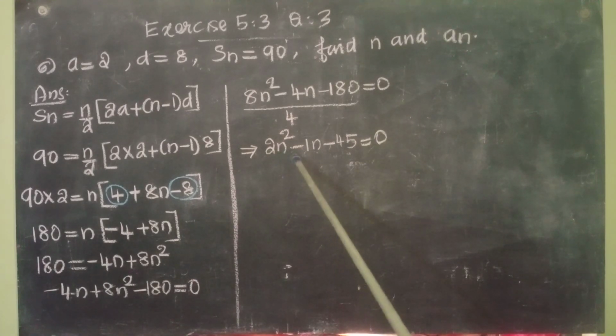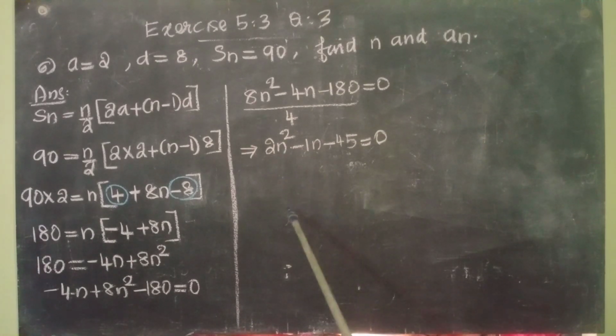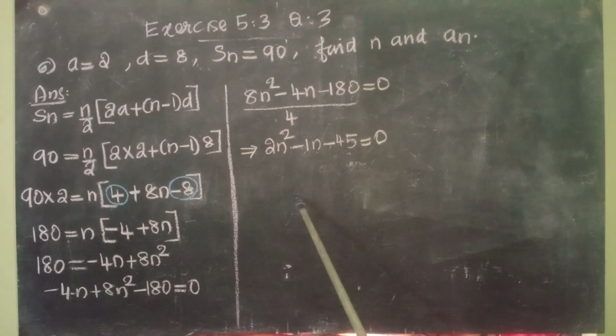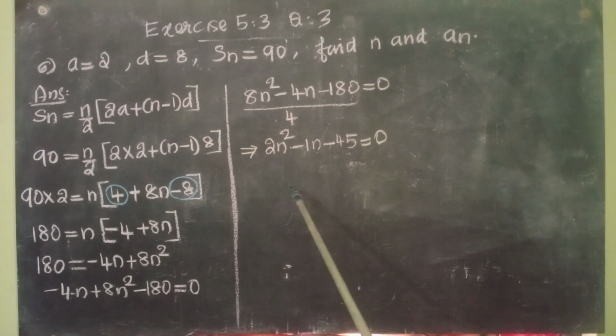Now, this is a quadratic equation, so we can solve it by using the quadratic formula. Our quadratic formula is minus b plus or minus root of b square minus 4ac, whole divided by 2a. So first we can find out b square minus 4ac.